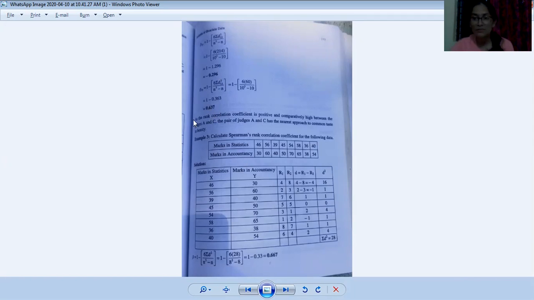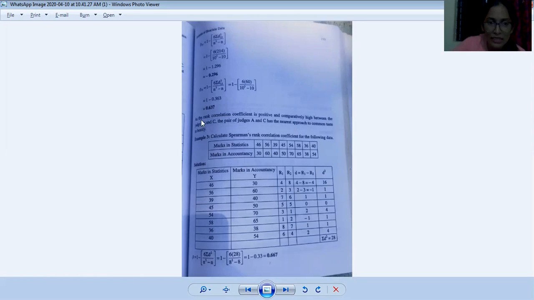So the judgments from judge A and judge C are quite alike. The stronger similarity between the judges is between judge A and judge C.